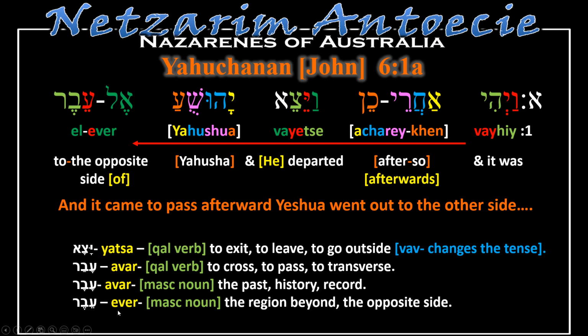But the one above is ever, which is a masculine noun, which means the region beyond or the opposite side. And just by change of the vowels, we can see that it changes the grammar, it changes how we translate it: to the opposite side of. And the translation, and it came to pass afterwards, Yeshua went out to the other side.